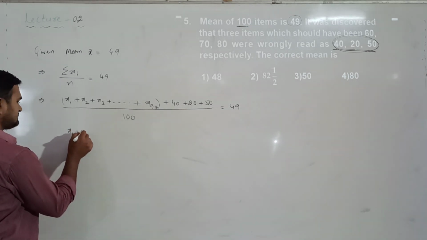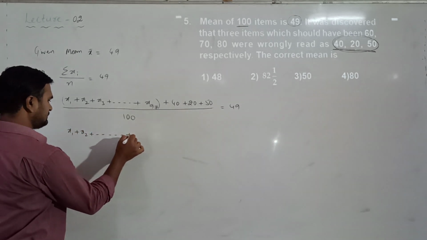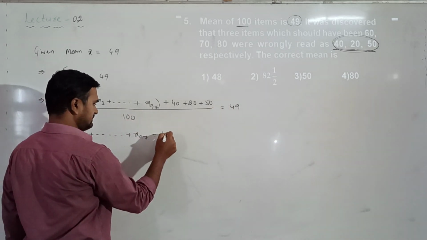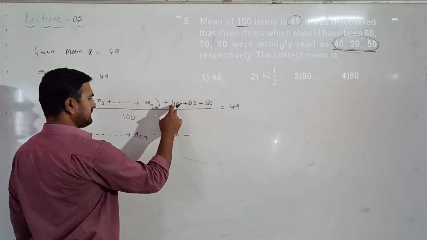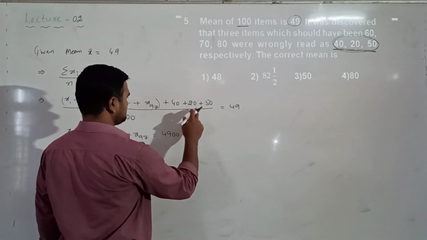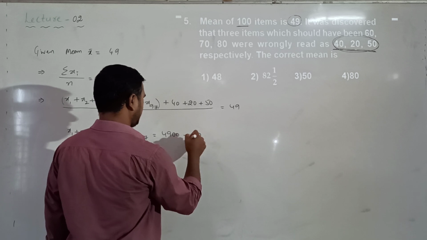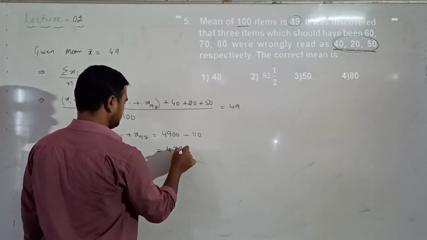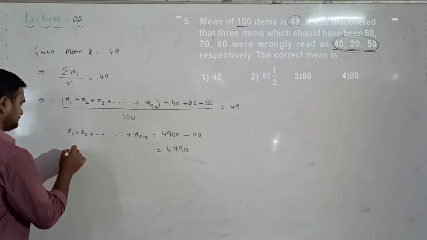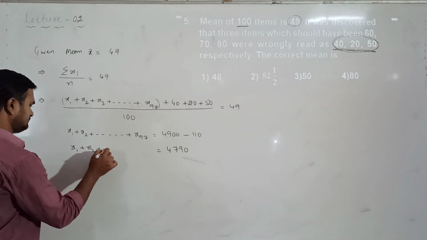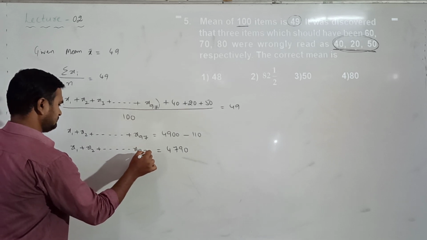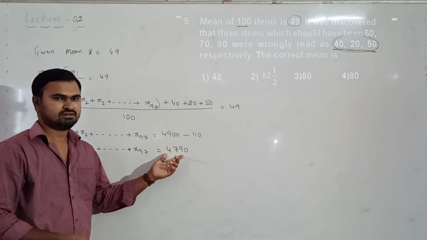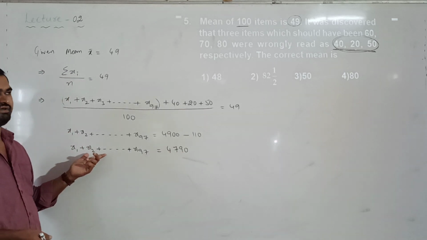So x1 plus x2 plus up to x97 is 4900 minus this, which is 70 plus 40, 110. So what is the value? 4790. Right. So this is the sum of these correct 97 values.